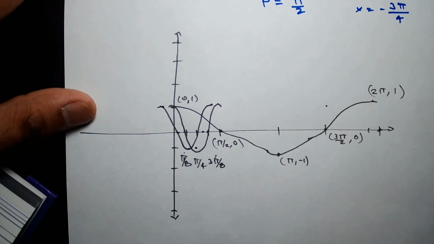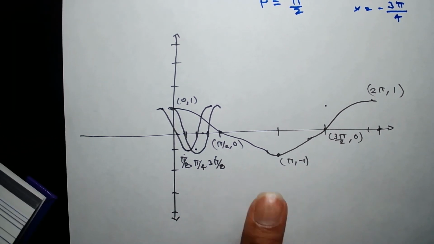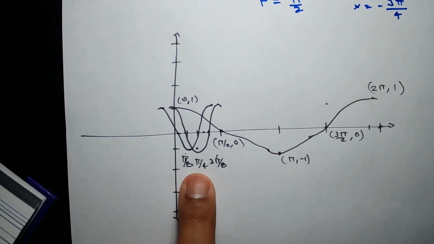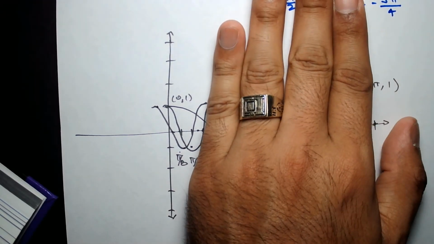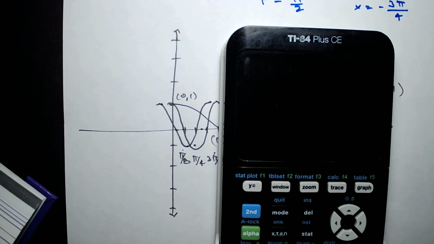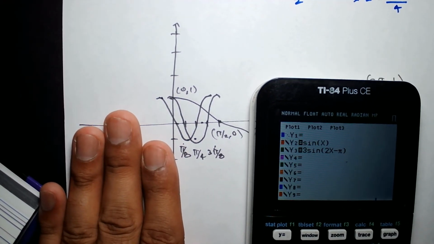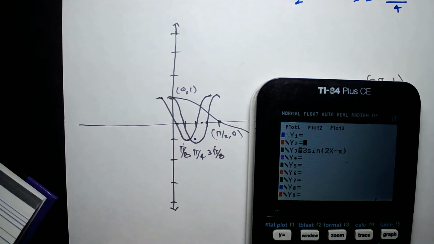All right, so let's see what's going to happen. I'm going to do the graph of this over 1 period. It should look something like this. Okay, let's see. Let me not let me down.